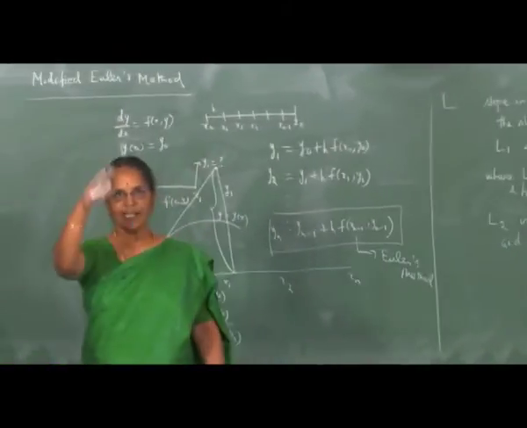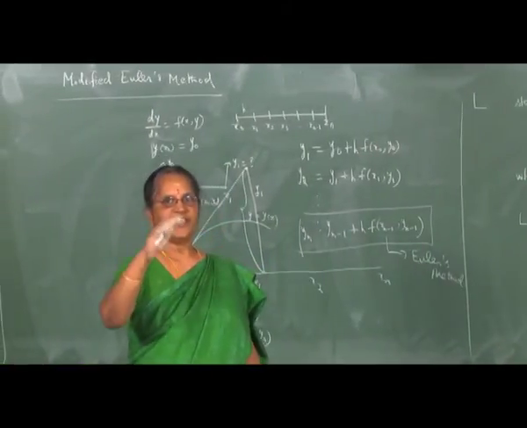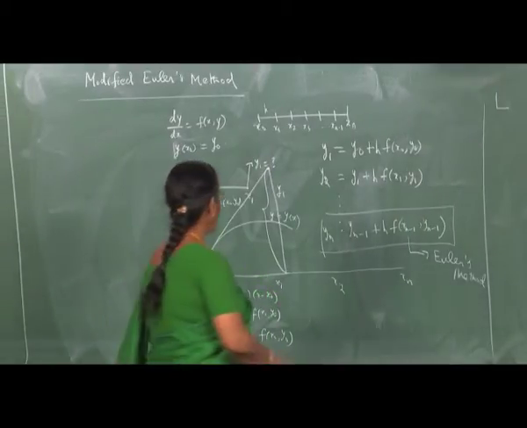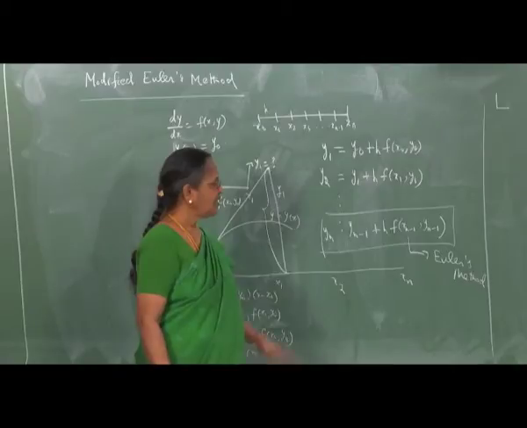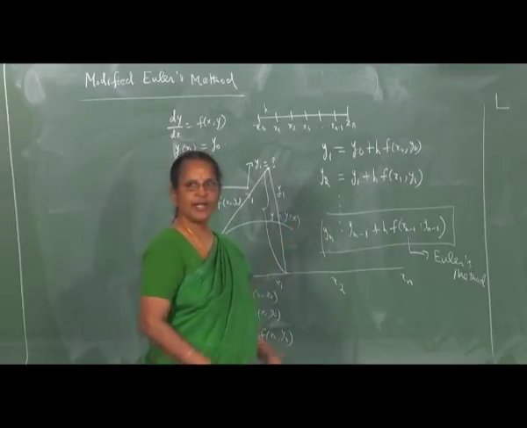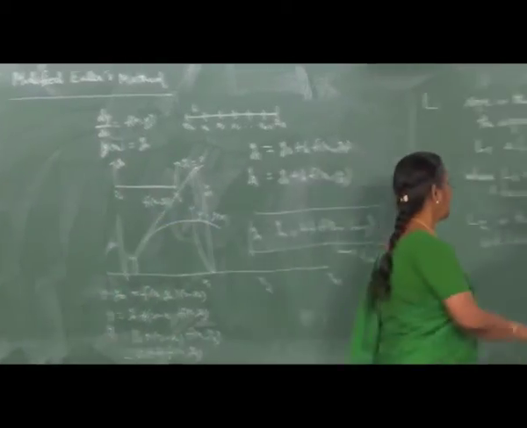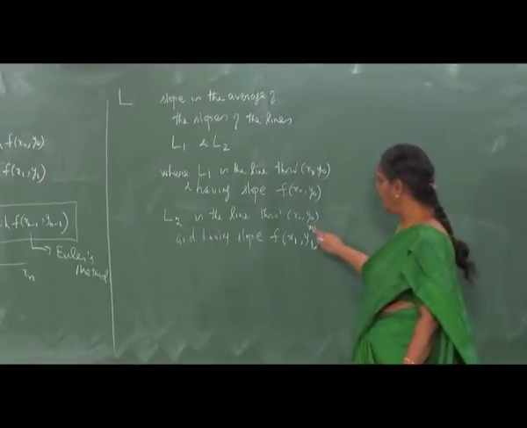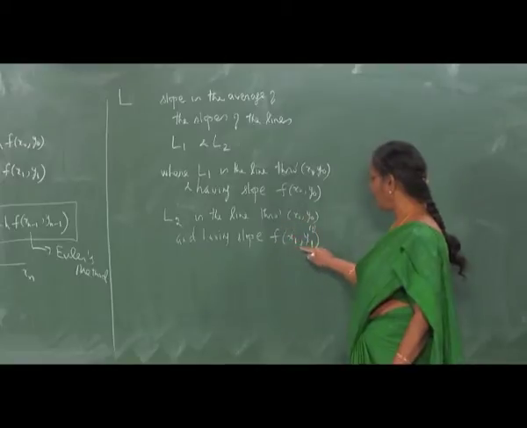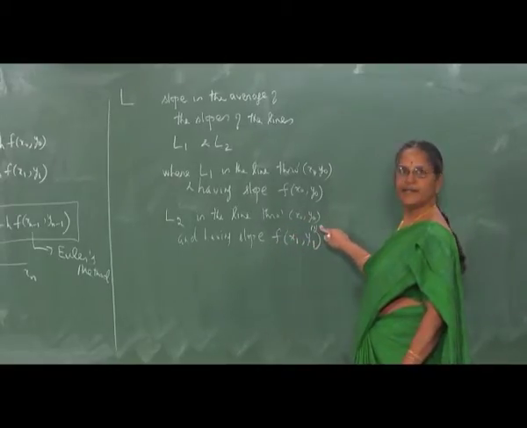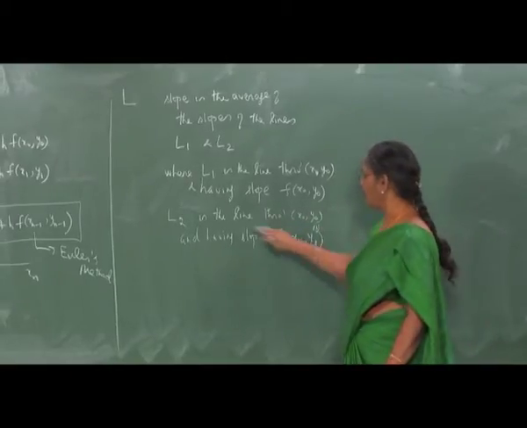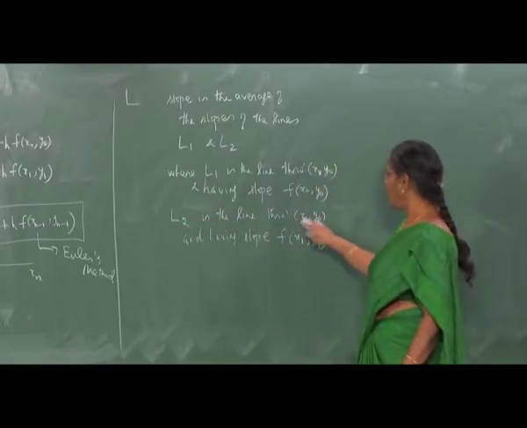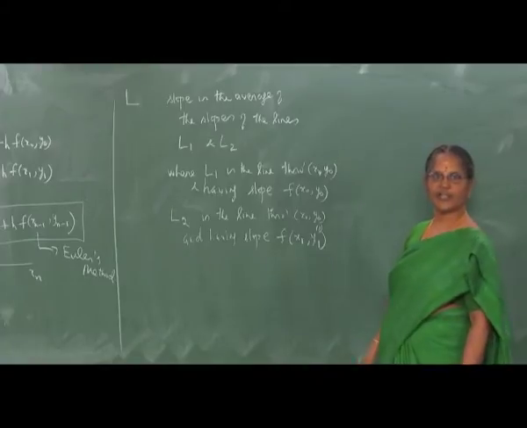So, given an initial value problem, first predict the value of y1 at x1 by Euler's method. Whatever you get as y1, denote it by y1 predicted, and evaluate f of x1 comma y1 p. That gives you the slope of the straight line L2 passing through the point, say, x0, y0.